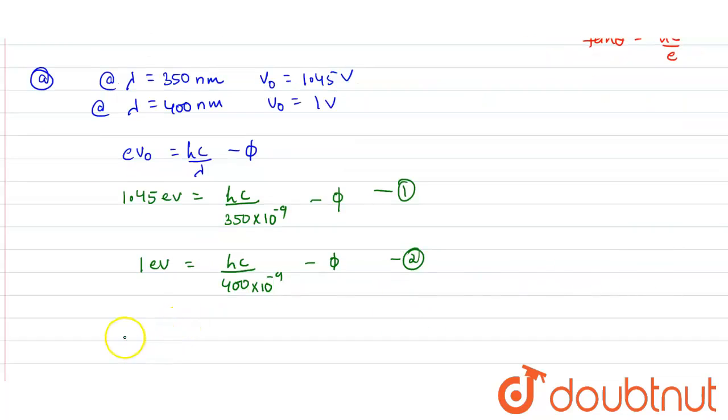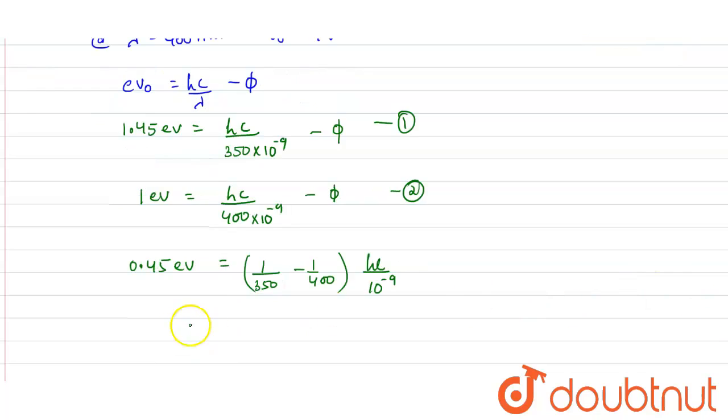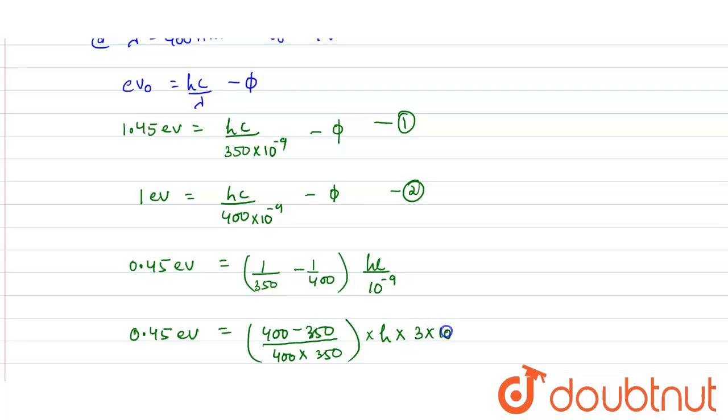Now subtracting equation number 2 from equation number 1, what we get is 0.45 electron volts equals 1 upon 350 minus 1 upon 400, taking hc as common, hc upon 10 to the power minus 9. Okay, so substituting the value of c, what we get is 0.45 electron volts equals 400 minus 350 divided by 400 into 350, into h into c, which is 3 into 10 raised to the power 8, divided by 10 raised to the power minus 9.